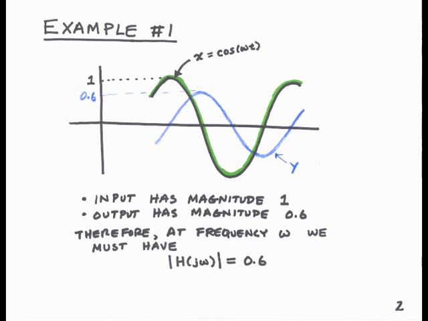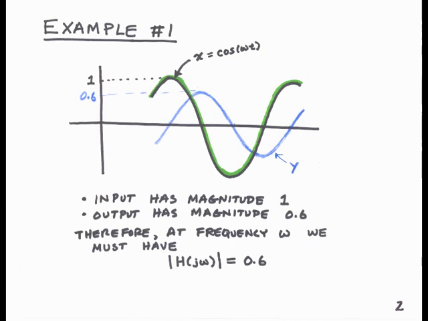Here's our first example. The input, shown in green, is x equals cosine omega t. It has a unit amplitude. The output, shown in blue and labeled y, has a different magnitude and phase than the input. It's also a cosine wave at the same frequency, but the amplitude of this output is 0.6.